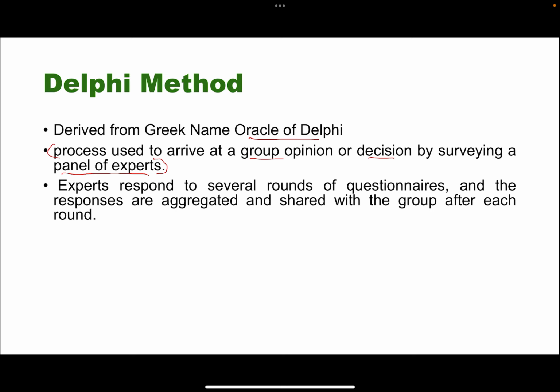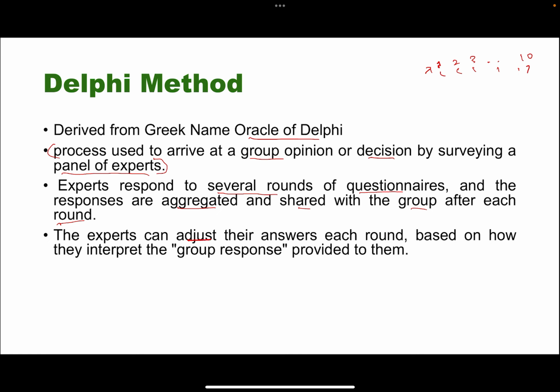These experts respond to several rounds of questionnaires, and the responses are aggregated and shared with the group after each round. Suppose there are 10 experts. These experts are given several questions, and the results of all these are combined together and then presented to each expert again.